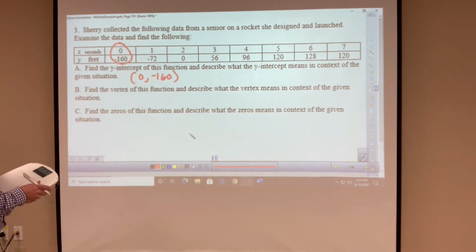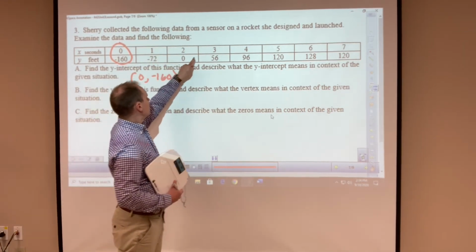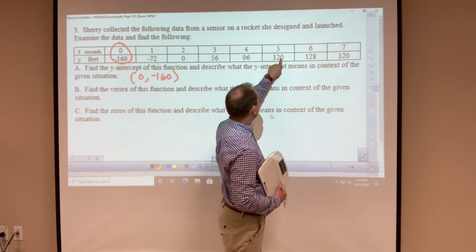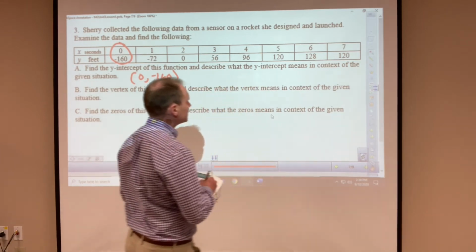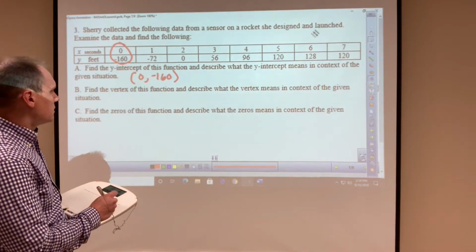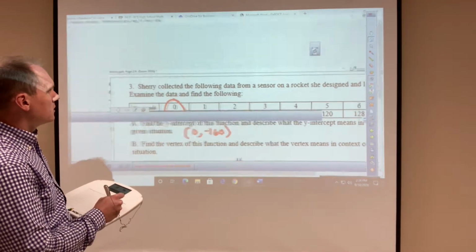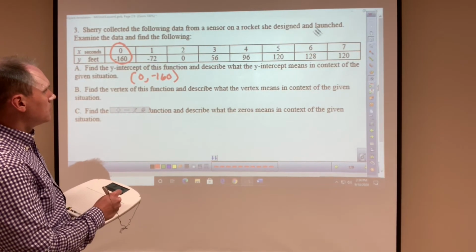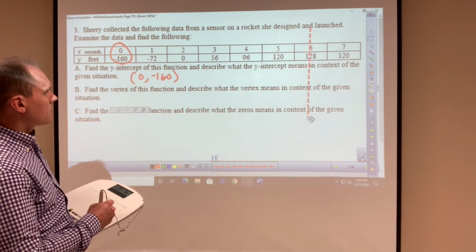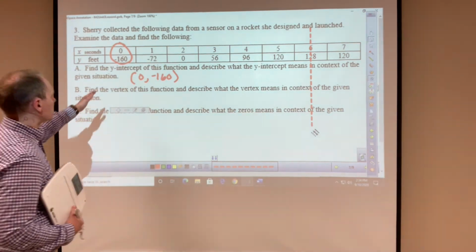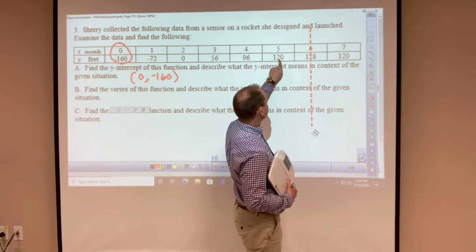B, find the vertex. If we look at this, it goes up, up, up, up, up, up, then back down. I hope that you see the symmetry right here at 6. It goes up, and then it reaches its maximum, and then notice 120 and 120.